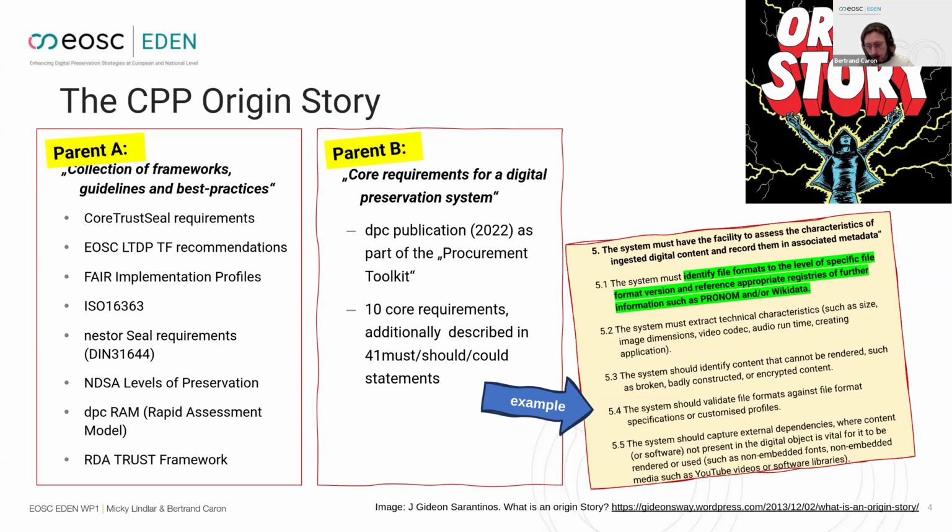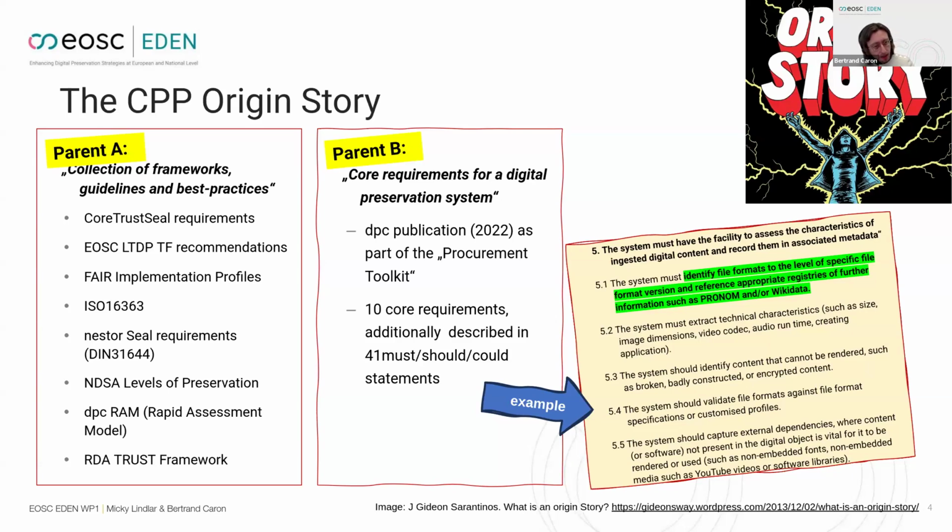You have an excerpt of that document in the lower right part of the slide. You'll notice that it mentions a lot of actions that digital preservation systems should support, and consequently, that digital preservationists should perform. That's for the initial list.